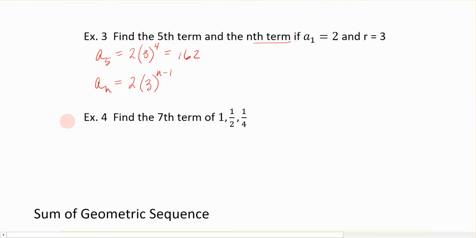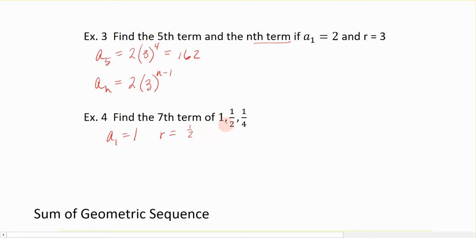Okay, and finally, let's practice one more. Let's say I want to know what the seventh term is of this sequence that we see here. The first term of the sequence is a1, and that's 1. I need to determine what r is. R is going to be the ratio of the second term, 1/2, divided by the first term, which is 1.